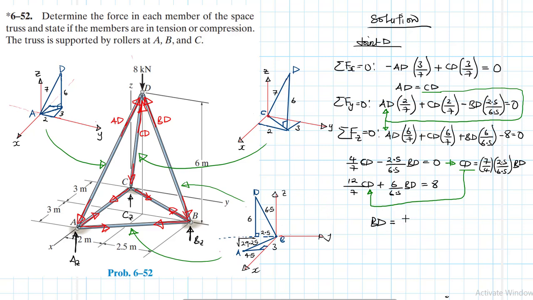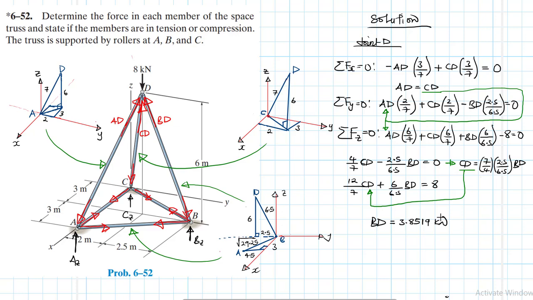So we have BD equal to 3.8519. What are the units for these? Kilonewtons.